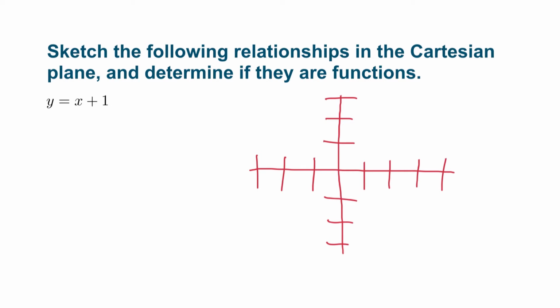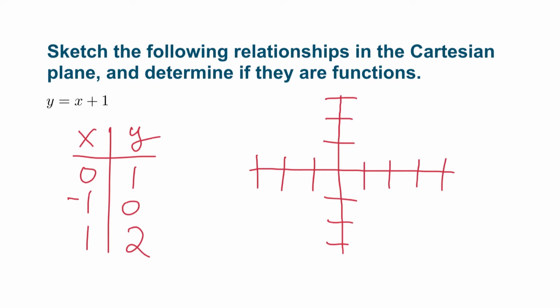So I'll plot some values. If I plug in x equals 0, I get 1, minus 1, 0. If you're still a little uncomfortable about plotting lines, you can always plug some values into this table. Okay, so here's my plot.